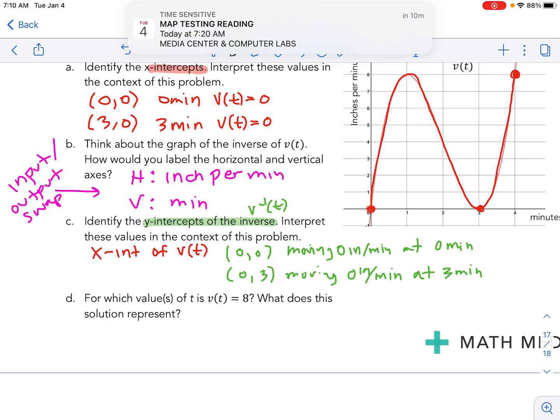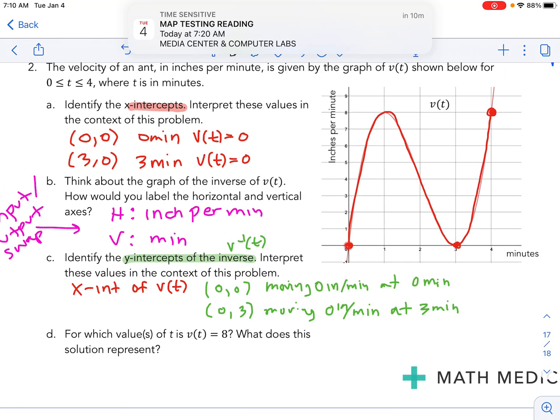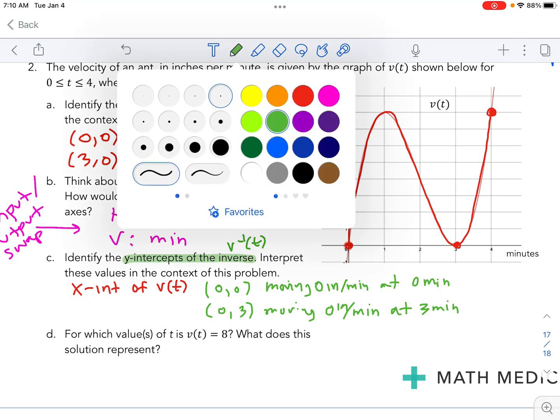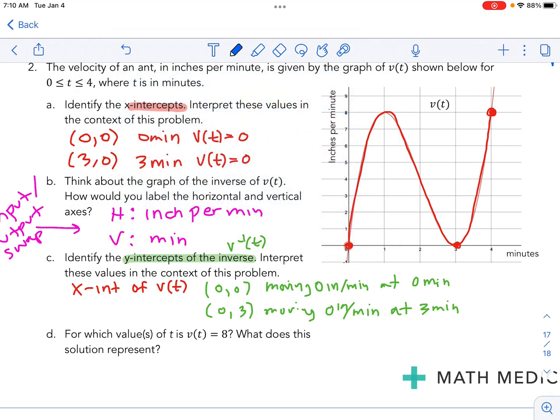It says for which values of t is v of t equal to 8. So looking at this, v of t is equal to 8 is right here.